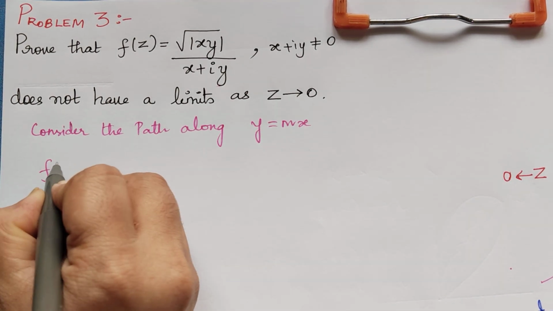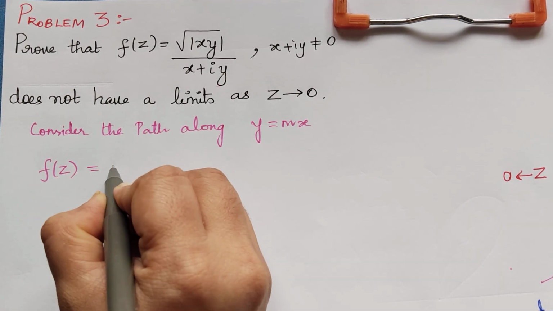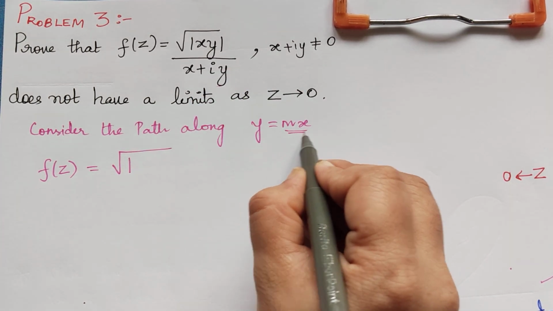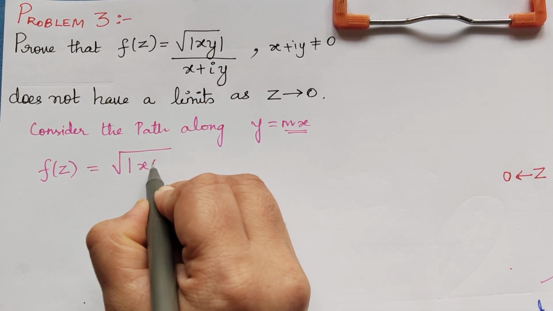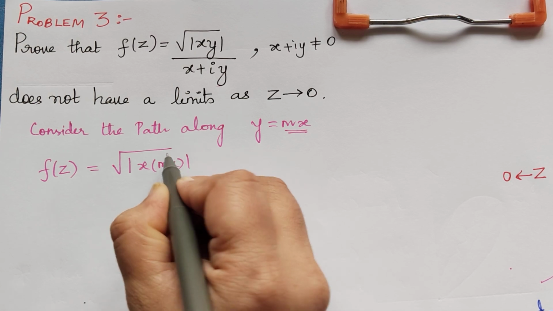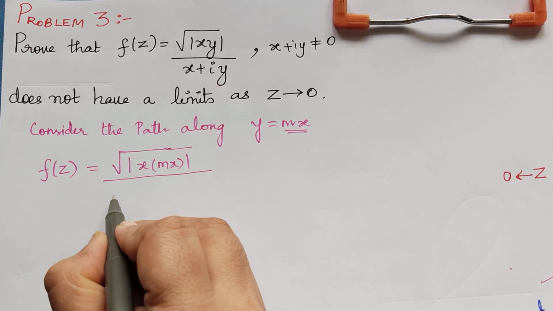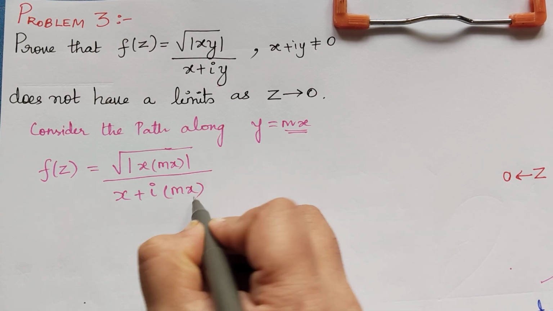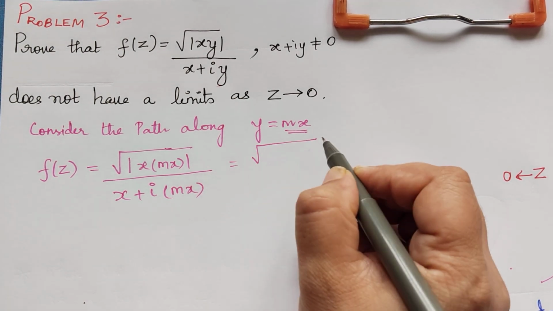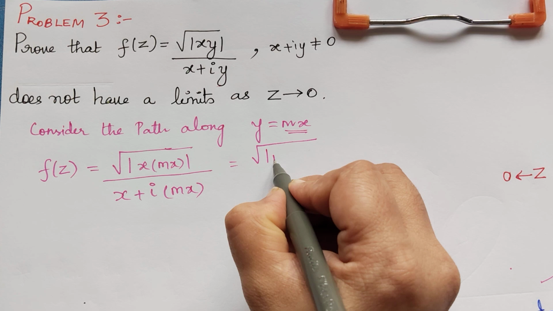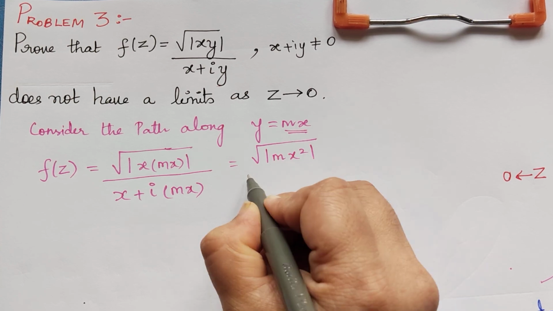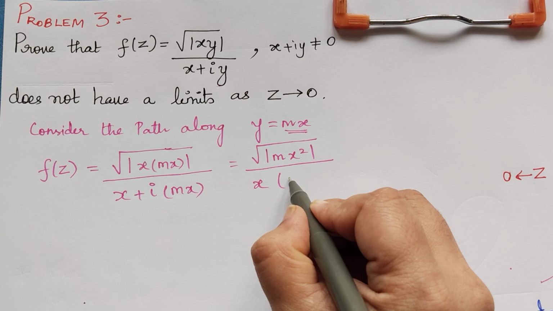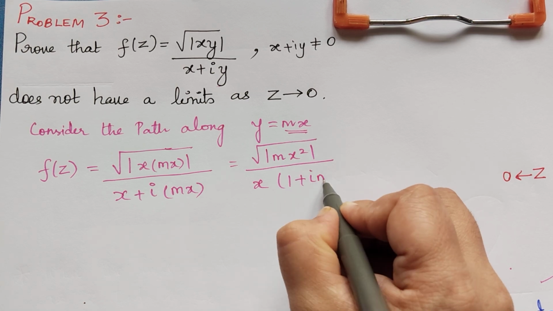So what will happen to f of z? It will be equal to square root of modulus of, now at the place of y we have to replace by mx. So x multiplied with mx, the whole divided by x plus i multiplied with mx. In the numerator it will be equal to square root of modulus of m x square divided by, this x is common in the denominator, so it will become 1 plus im.